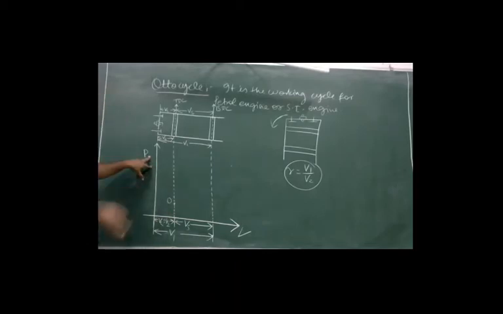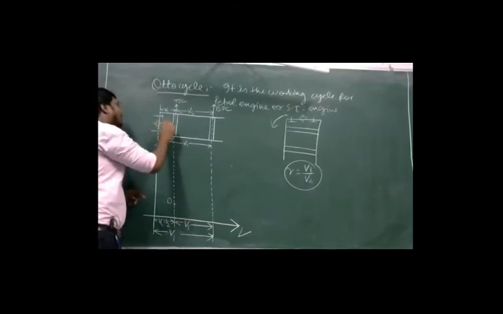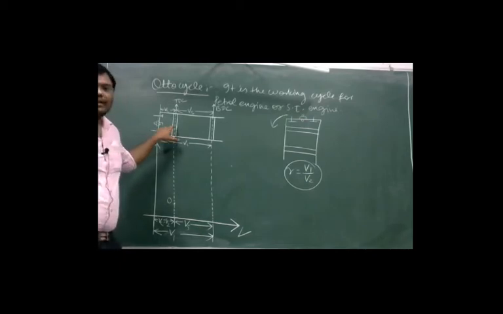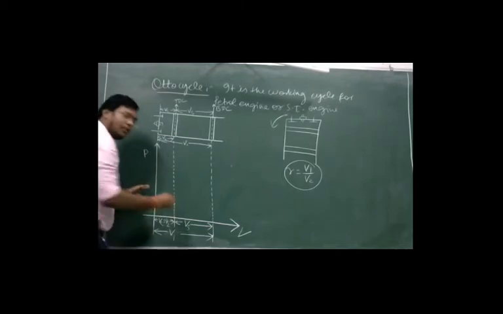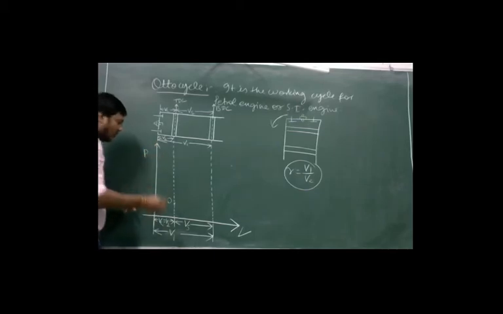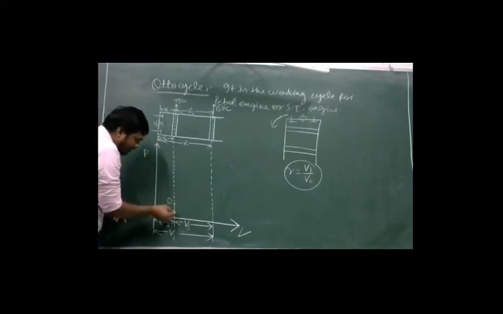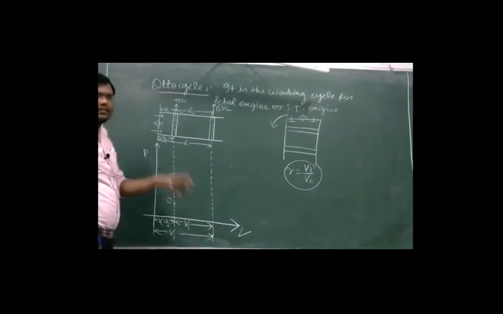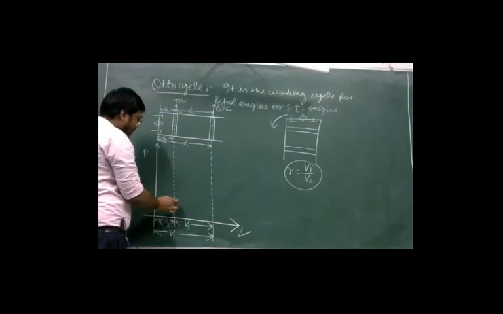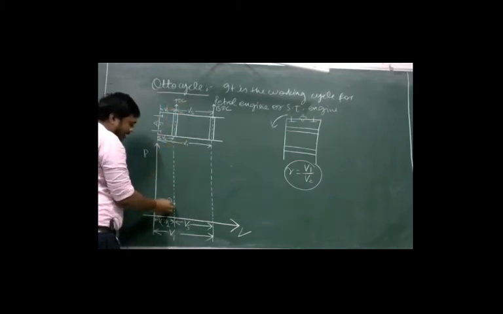We are assuming that in the initial position, the pressure inside the cylinder is equal to the atmospheric pressure. So we have to put some positive value of pressure. So I am keeping this point slightly above the volume axis. This point shows some positive value of pressure which is equal to the atmospheric pressure. So in the starting position, we are here at TDC, at point 0.